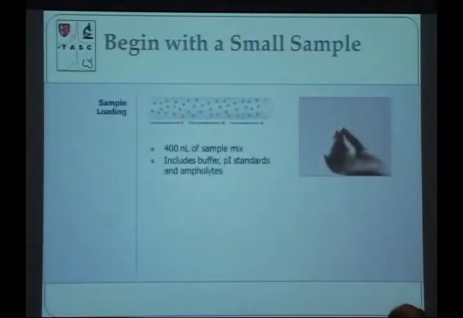So essentially the entire reaction is an automated process carried out in a tiny little capillary, as you can see here, which is loaded onto the machine called NanoPro 1000. So the capillary is filled with 400 nanoliters of your mixture of sample, which is your protein, and fluorescently labeled standards, PI standards, and ampholytes.